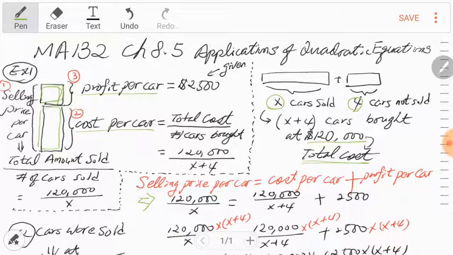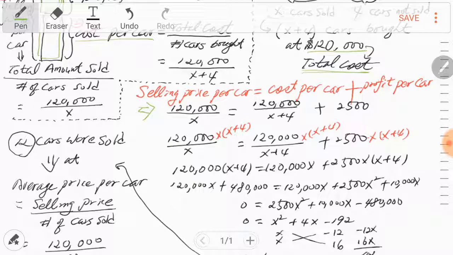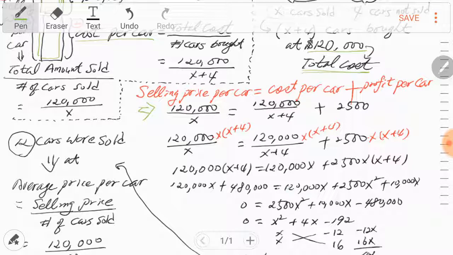So solve for X. Multiply the equation by the LCD. LCD is X times X plus 4. And then you cancel out so that the denominators are gone. Clear the parentheses and then collect all terms to the right. Then we have this equation.